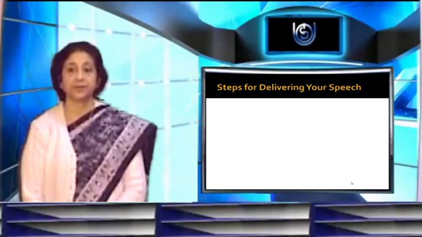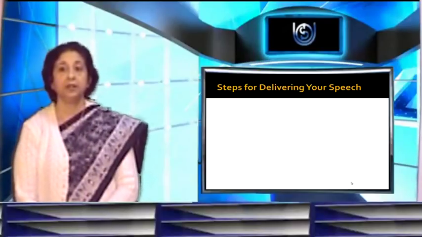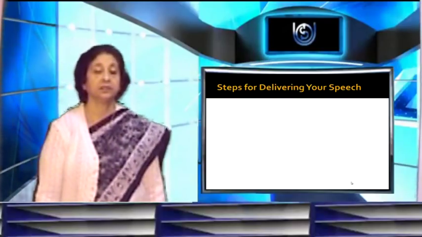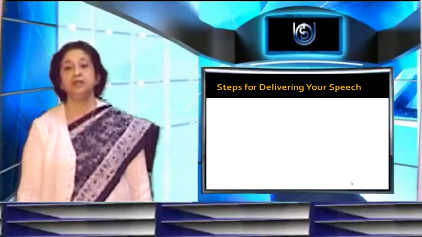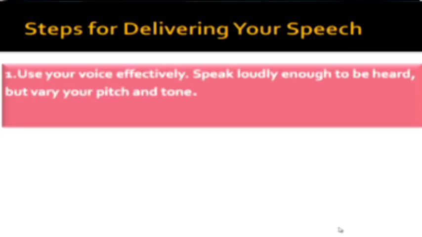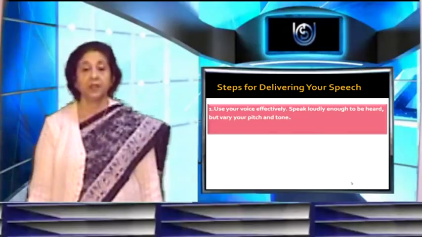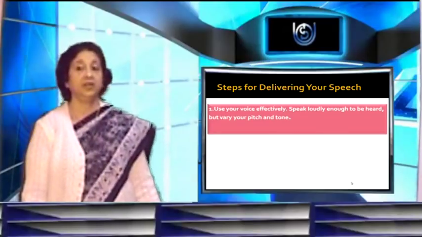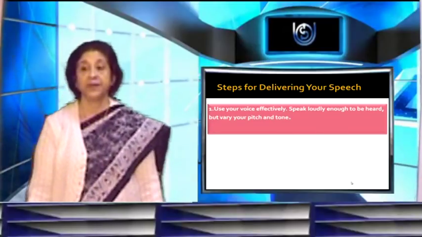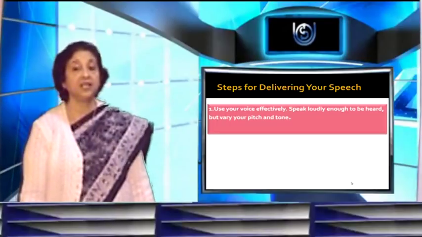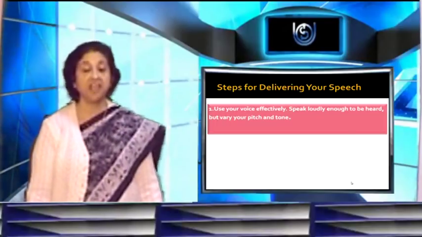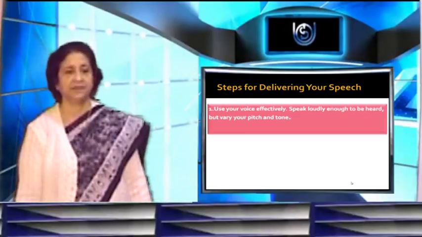Now what are the steps for delivering a speech? The first step is to use your voice effectively. What do you mean by use your voice effectively? When you are going to deliver a speech, your aim is that you should be heard by everyone with interest.